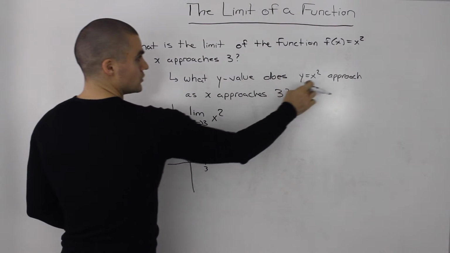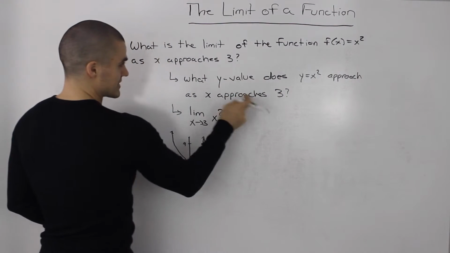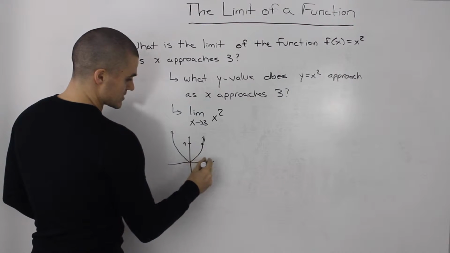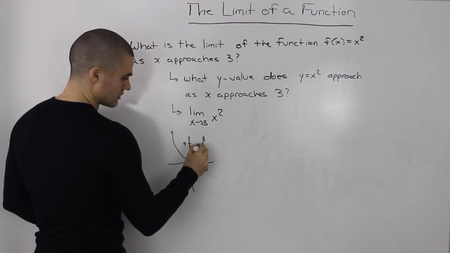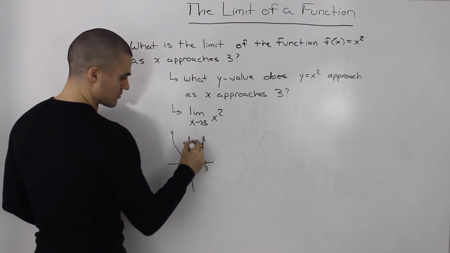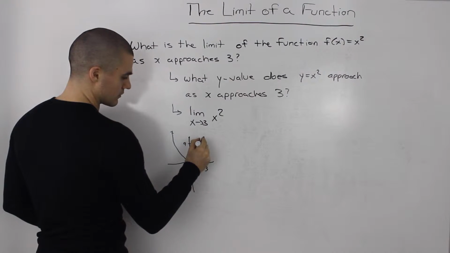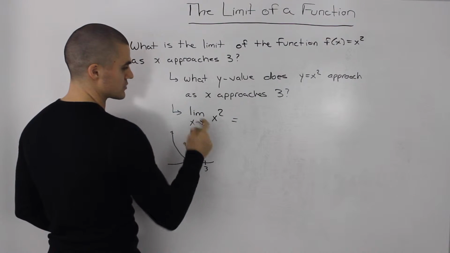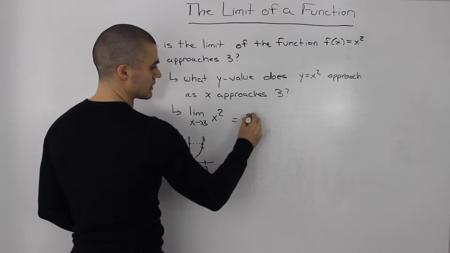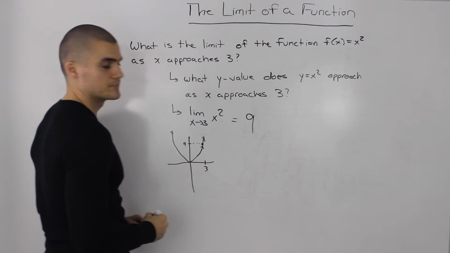So what y value does y equals x squared approach as x approaches 3? Well, as x is approaching 3, on the function, the y value is approaching 9 from both ways. So basically the limit as x goes to 3 of x squared is equal to 9.